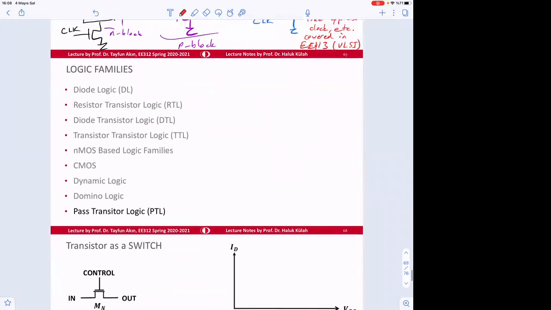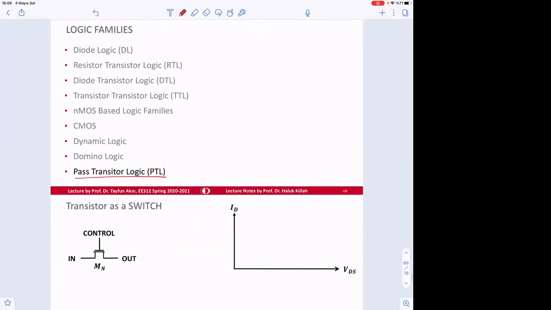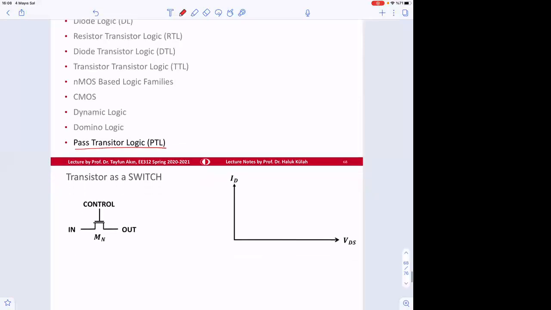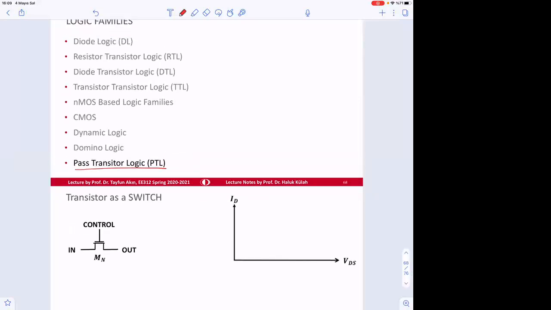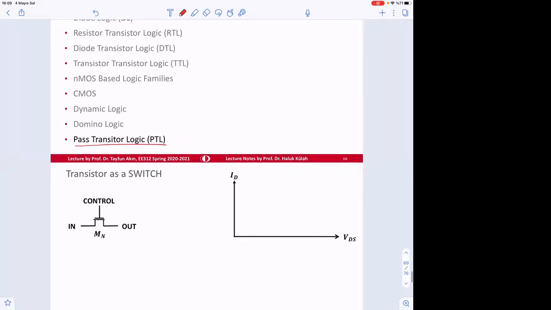There's one other logic that we should talk about, and that's pass transistor logic. The pass transistor logic is totally different than what we have seen, and we need to first understand the use of switches here.